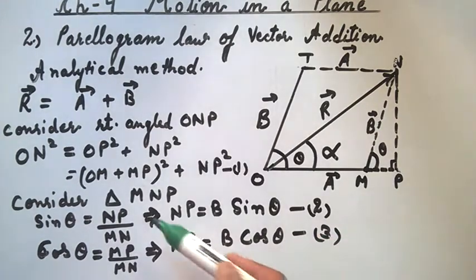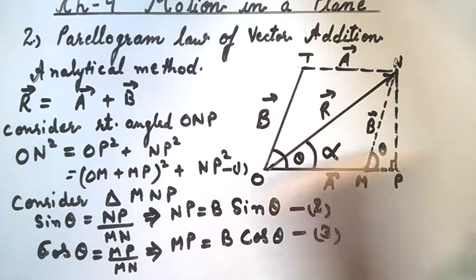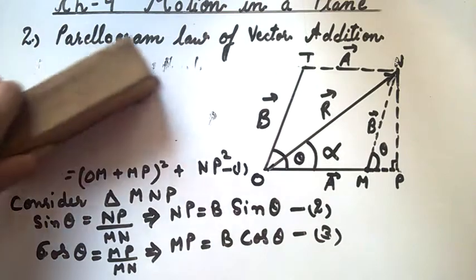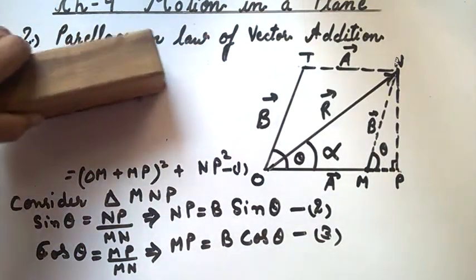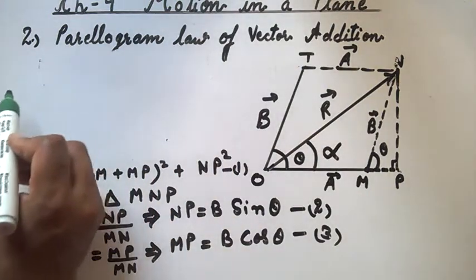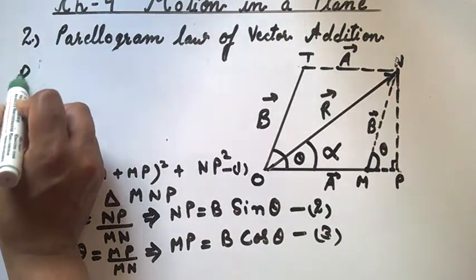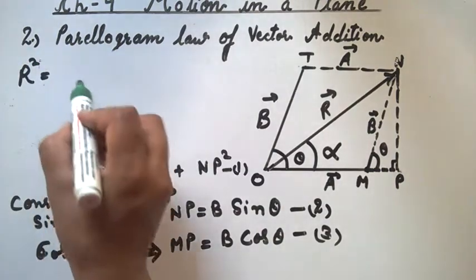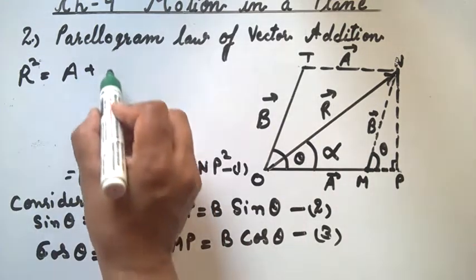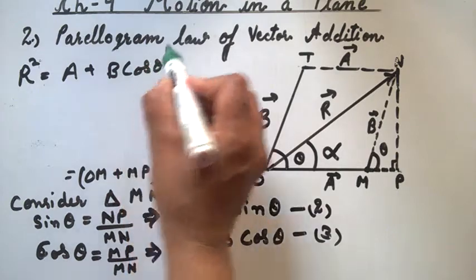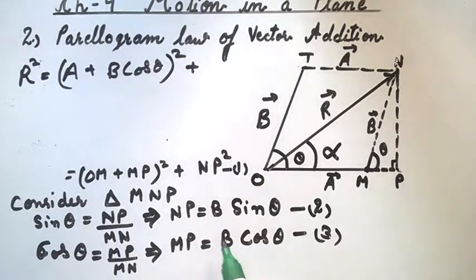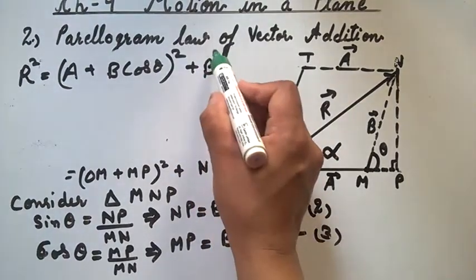Substitute 2 and 3 in 1, we get R square equal to OM, which is A vector, plus MP, which is B cos theta, whole square, plus NP, that is B square sin square theta.